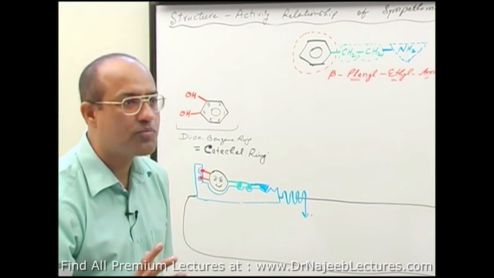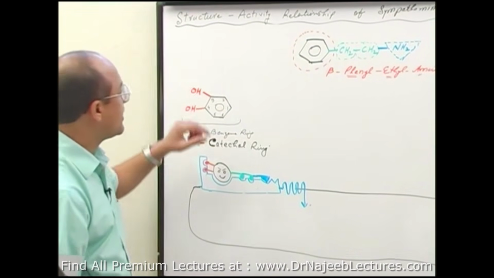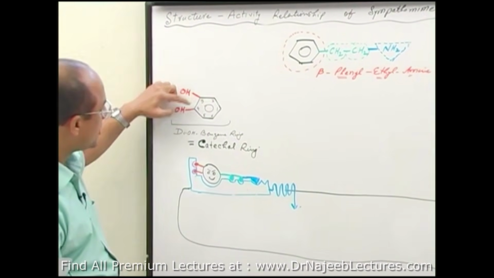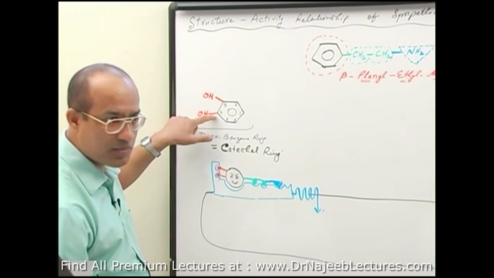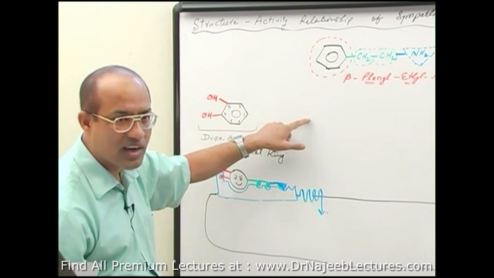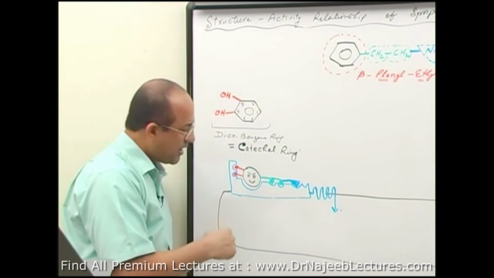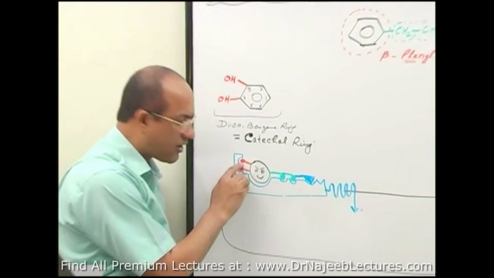So all those sympathomimetic drugs which are having hydroxylation at carbon number 3 and 4 on the benzene ring with the ethyl group and amino end, those are called catecholamines. Now listen carefully. Look at the activity of these two hydroxyls.